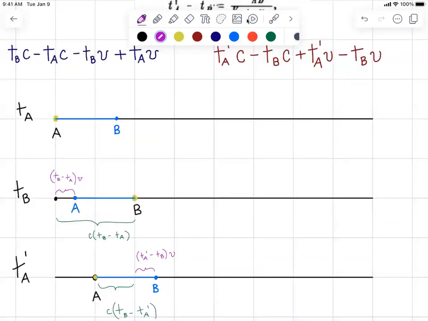And now the difficult part is over. Now we just need to do a little bit of subtraction to find what the line segment AB is equal to. Let's do this part first.